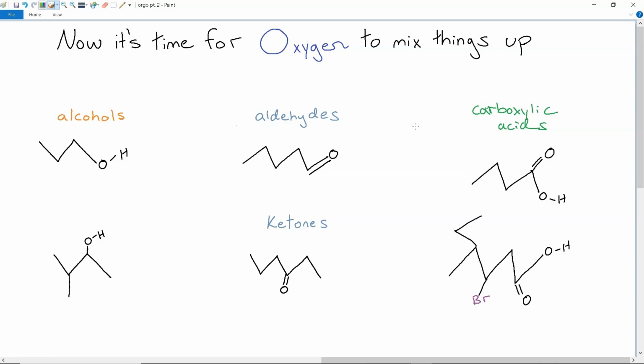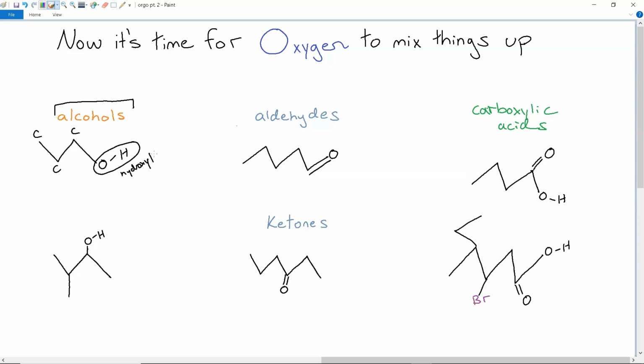Let's ignore everything except for right here. Let's look at the alcohols first. So I have 1, 2, 3 carbons here, and there is an oxygen attached to the end with a hydrogen attached to that oxygen. So we could call this hydroxide, or we could just say it's a hydroxyl group.